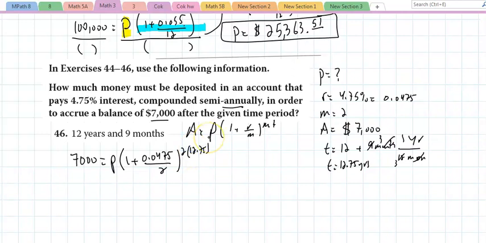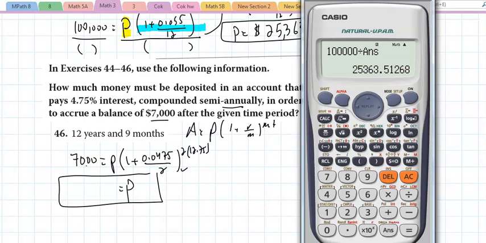And we could do the same as what we just did. I could say P equals 7,000 divided by this mess. I'm going to take 7,000 divided by parentheses 1 plus 0.0475 over 2 raised to the 2 times 12.75. Not 12, 2.